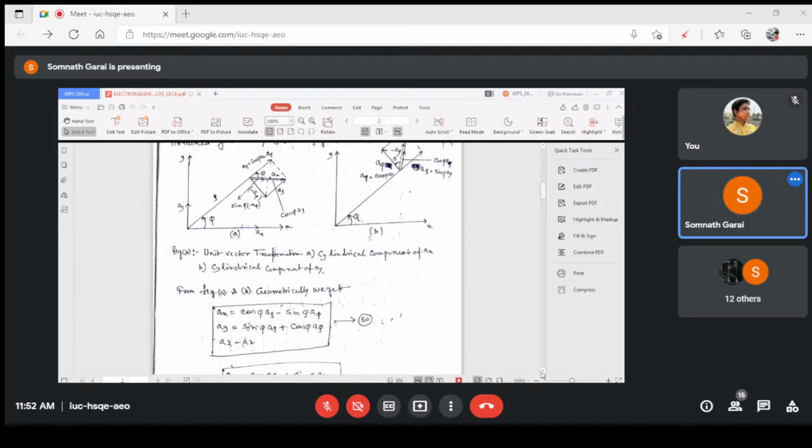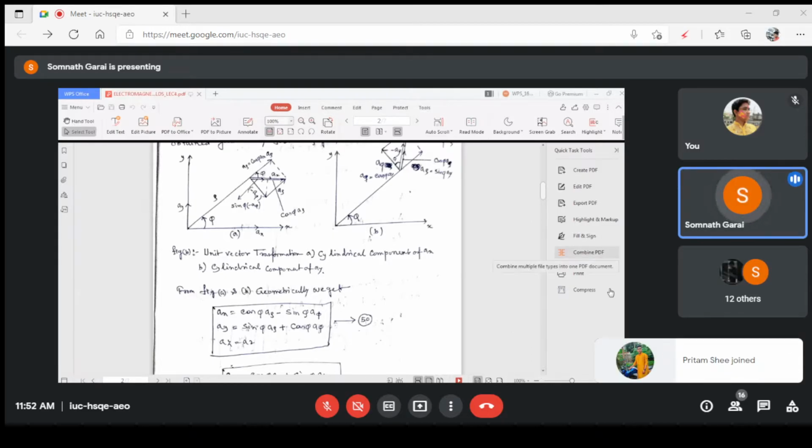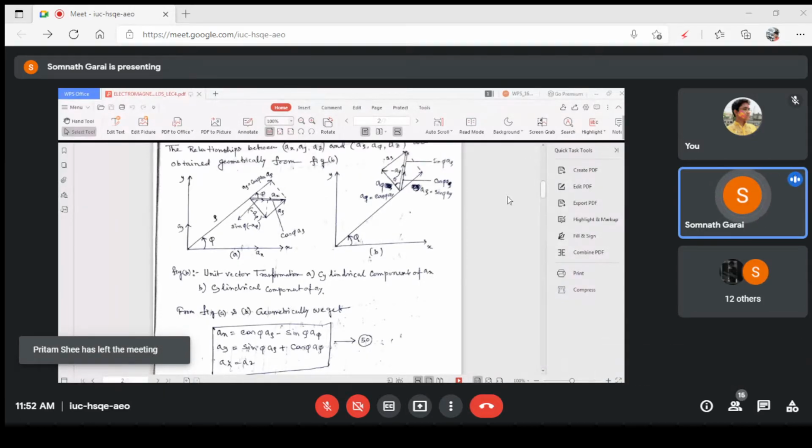Clear to all? Sir, can you explain it again? Okay, I'll explain again. Just imagine it is completely based on vector components. We know the rules of vector components.